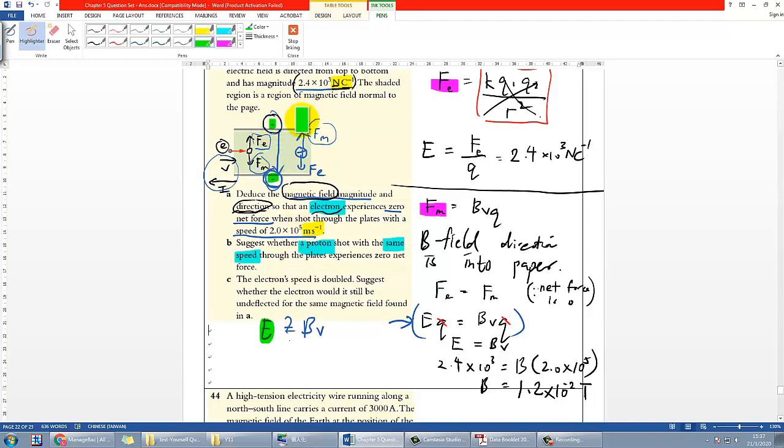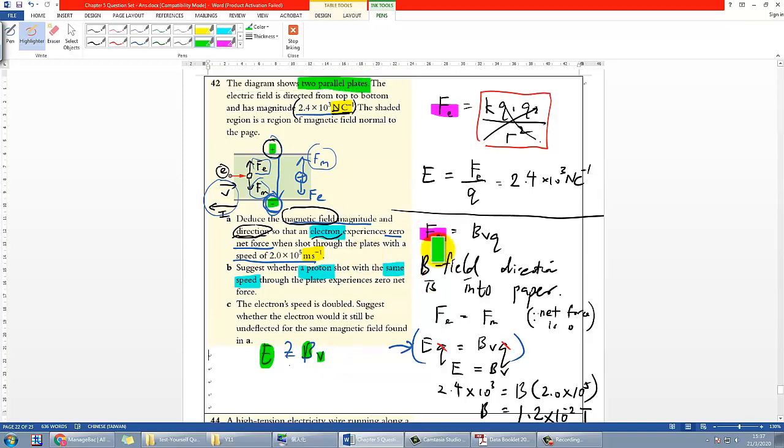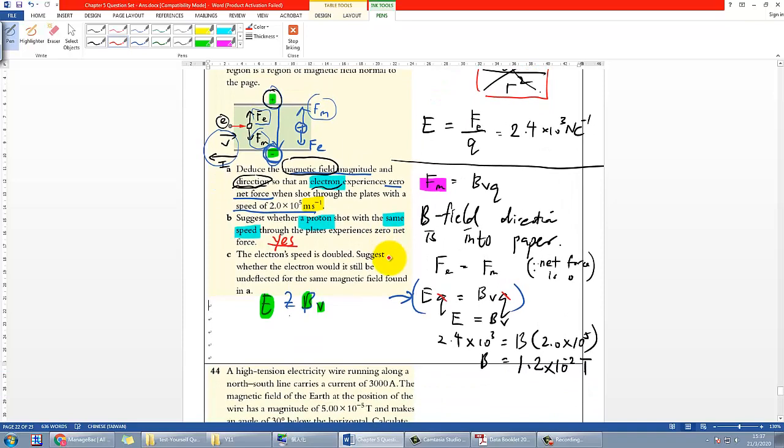I mean, this is set by the question. B field doesn't change and V doesn't change also. So this is all good. So that means for the answer to part B, the answer is yes. That means it will experience zero net force.